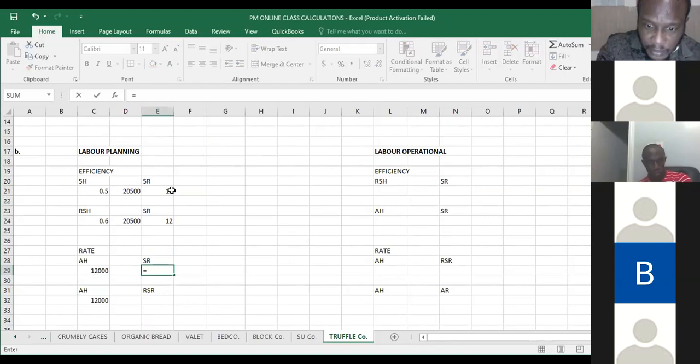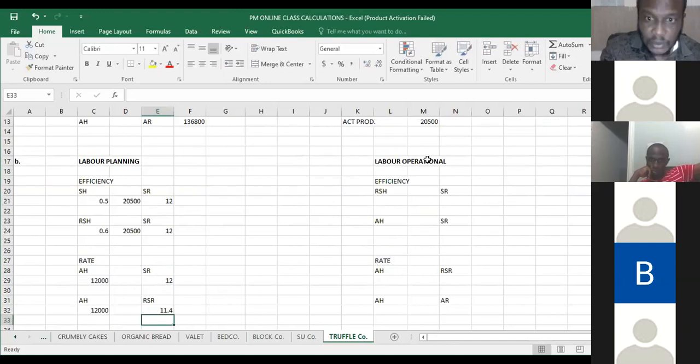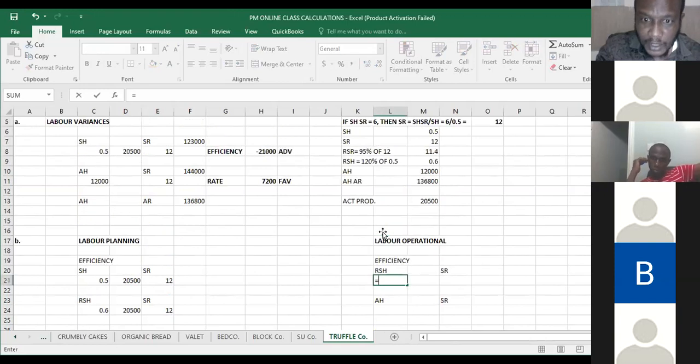Now, the only thing that we have an issue with is our revised standard rate. So we go up to our revised standard rate. So that's that, and that's done. All right, and then we come to our revised standard hour now. We already have revised standard hour at 0.6. Revised standard hour will be revised standard hour of actual production.